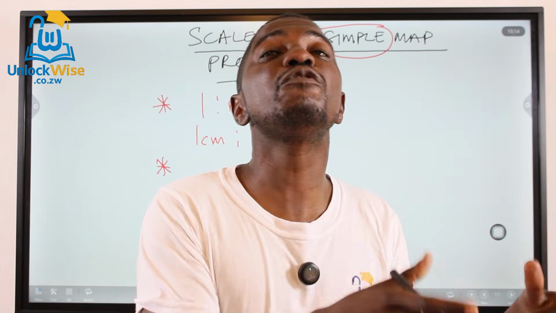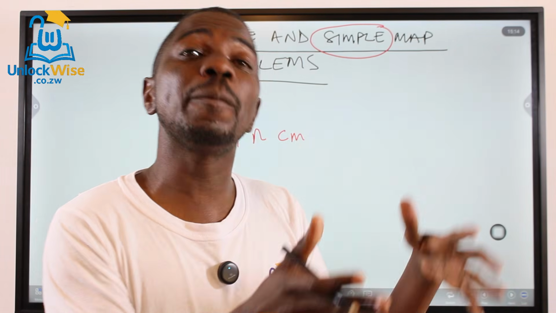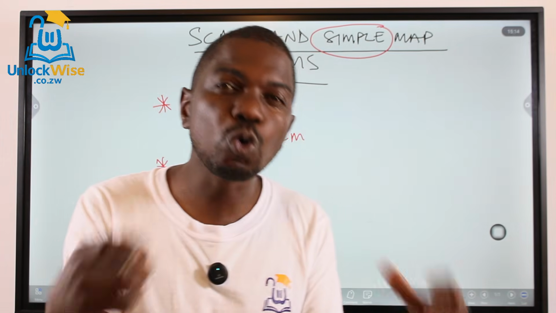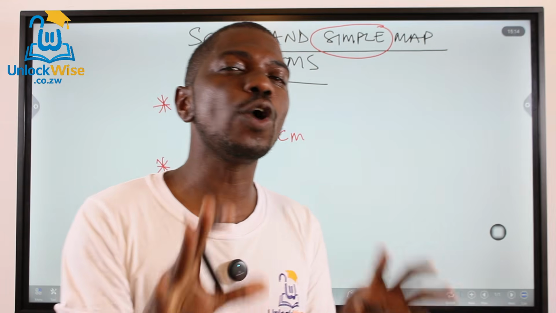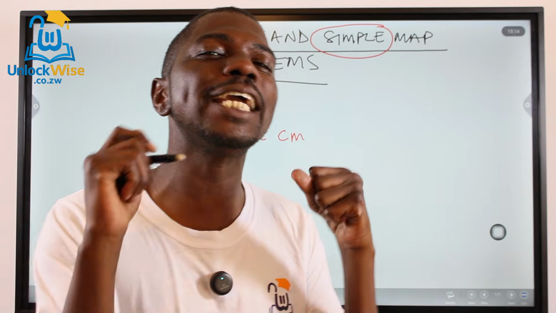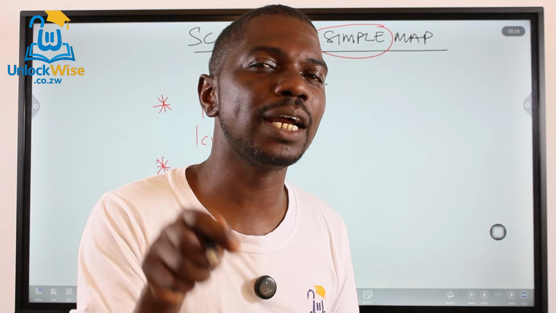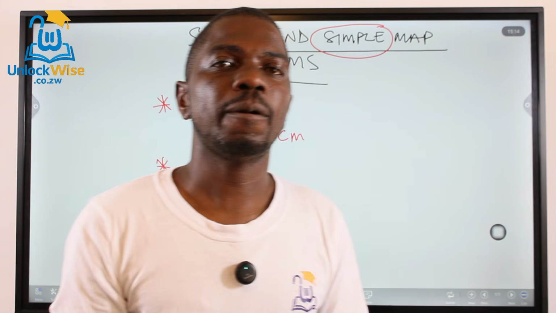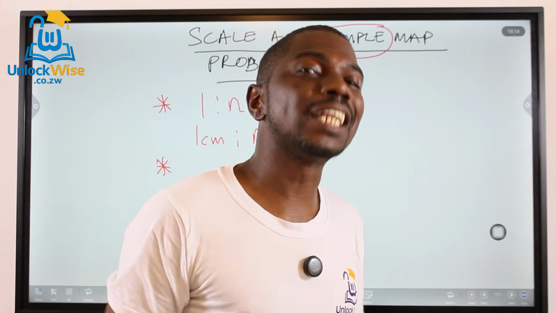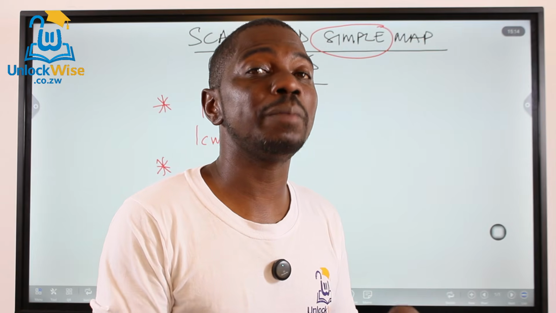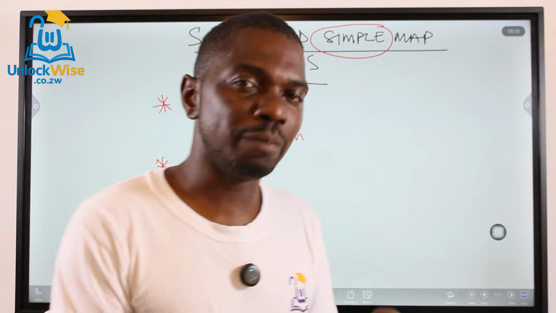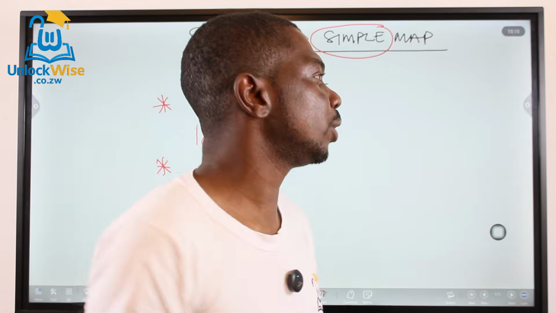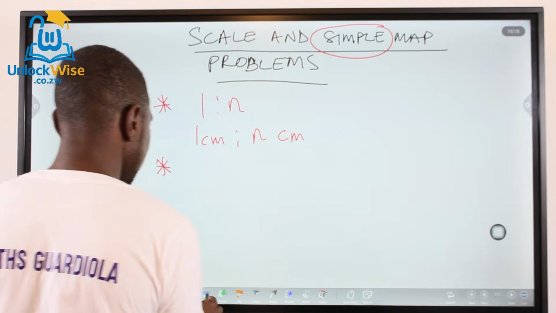And you may even be asked the length on a map given the actual length on ground, right? And we also go as far as talking about areas, area on the ground given an area on the map, and vice versa. Area on map given area on ground. So what I want you to understand is this.